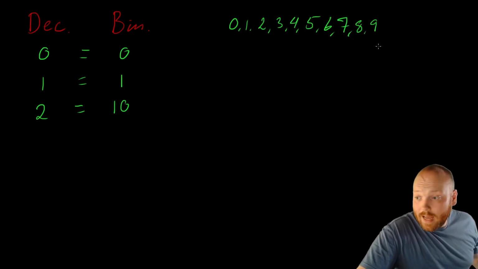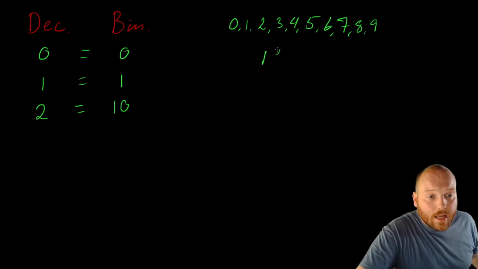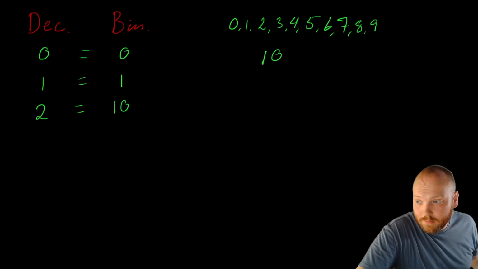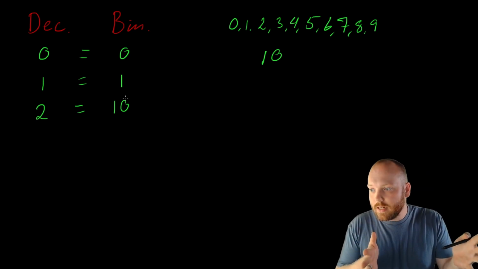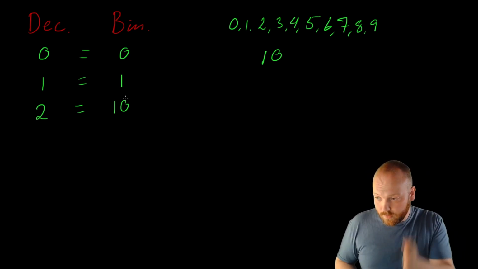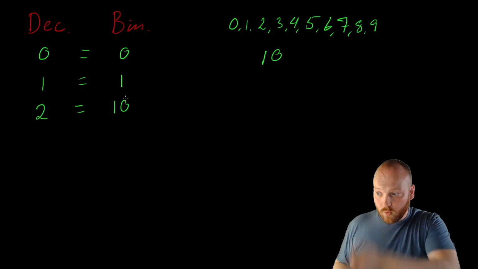And when you get to 9 and you want to add one more, what do you get? 10. So you kind of roll over, and this ones place becomes 0 again, and the tens place becomes 1. Well, the same happens with binary, because now we've run out of the possibilities that we have on the first digit here, and so we roll over and we get a 1 in that place and a 0 in here.